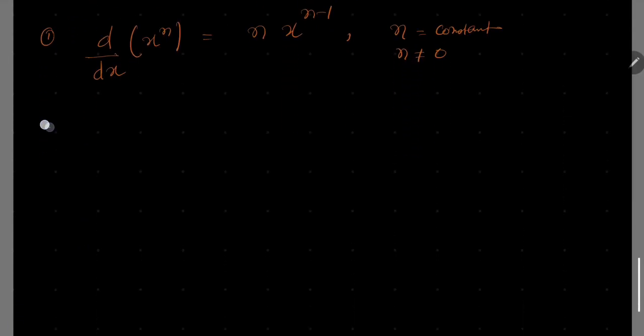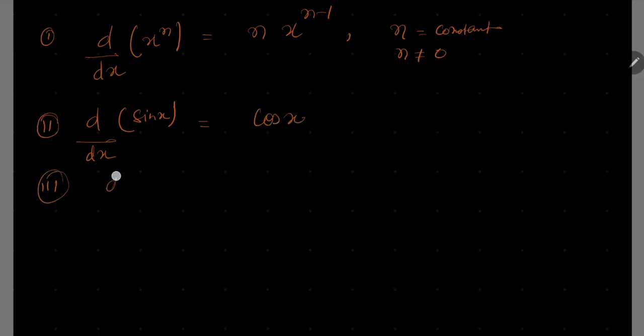Next, number 2, differentiation of sin x with respect to x is going to be cos x. Next, differentiation of cos x with respect to x is minus sin x.